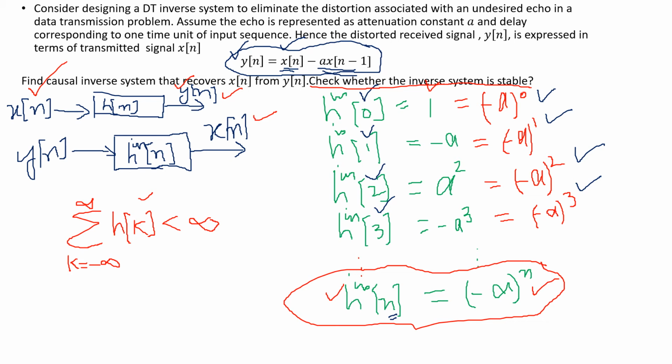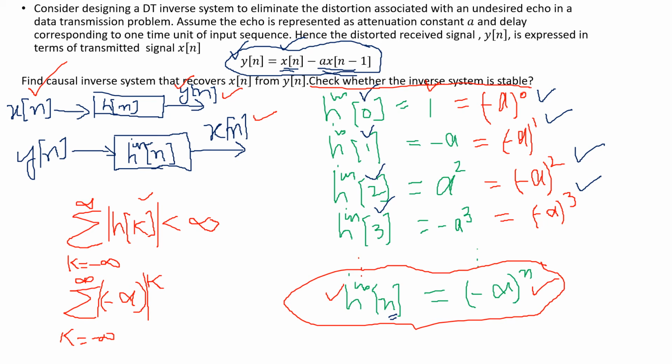We know the impulse response, which is minus a power n. If I put it in this equation, it will be the sum over k from minus infinity to infinity of minus a power k. One other thing is that we take the absolute value, whether it's positive or negative.